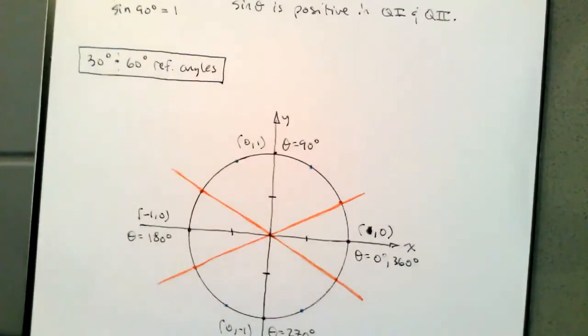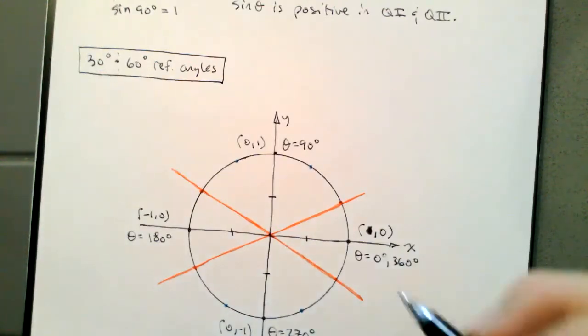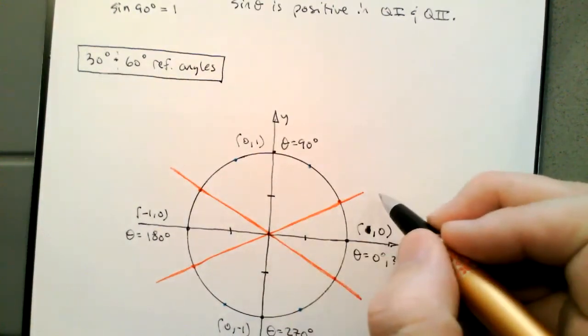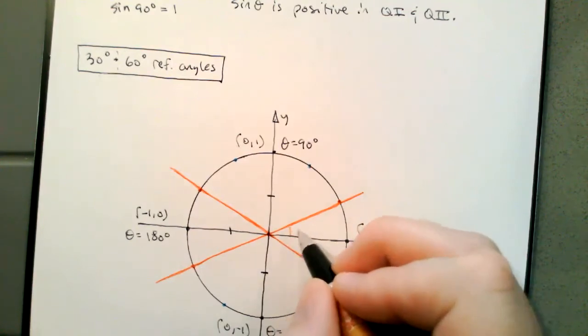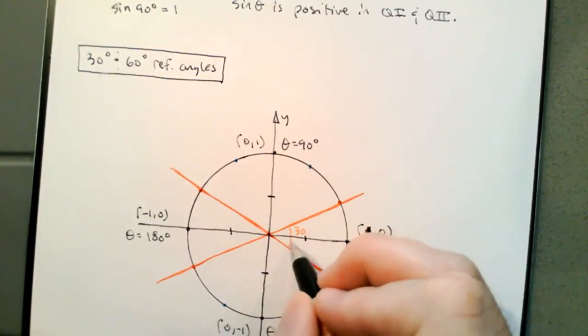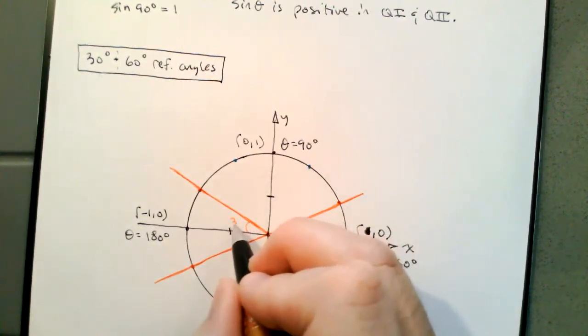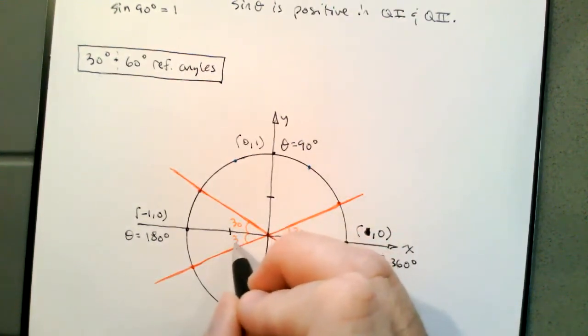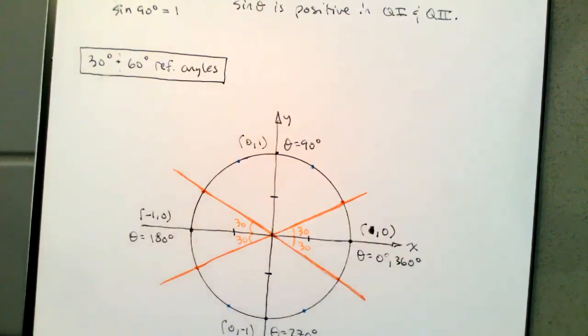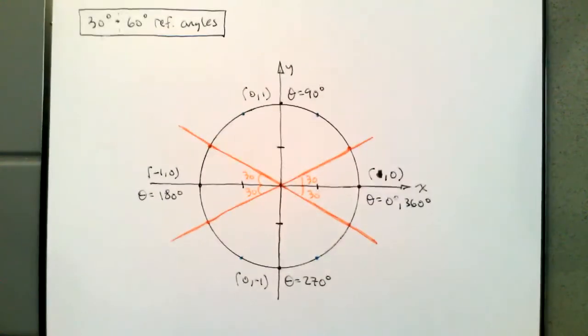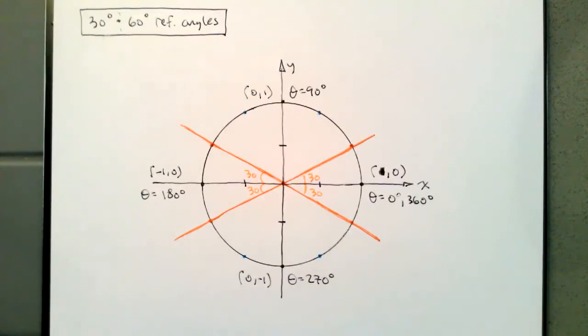So here, we have 30-degree reference angles in quadrant 1, 30 degrees in quadrant 4, 30 degrees in quadrant 2, and 30 degrees in quadrant 3. And we want to figure out what angles these correspond to.